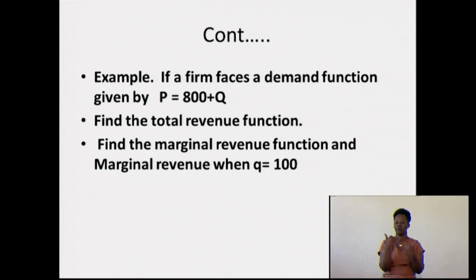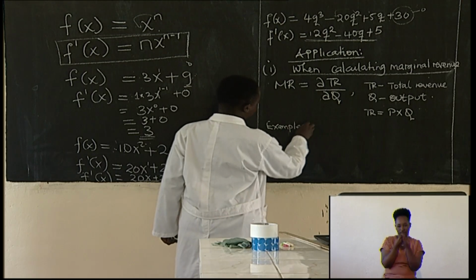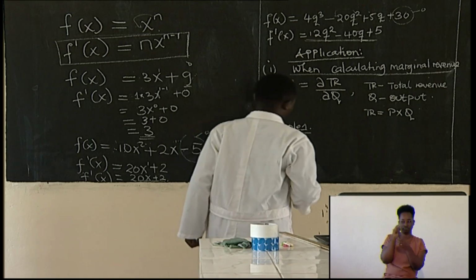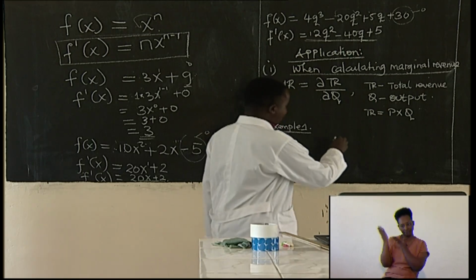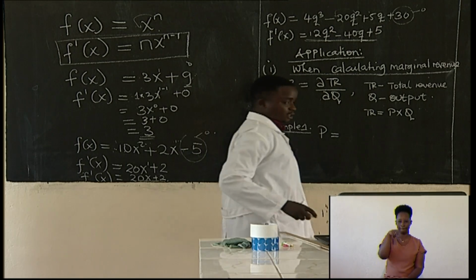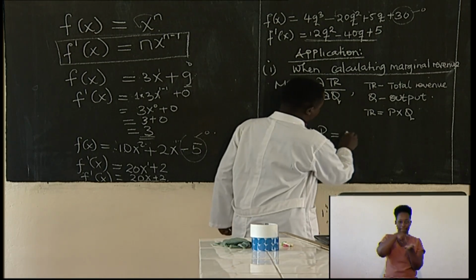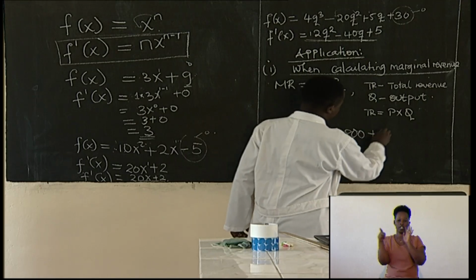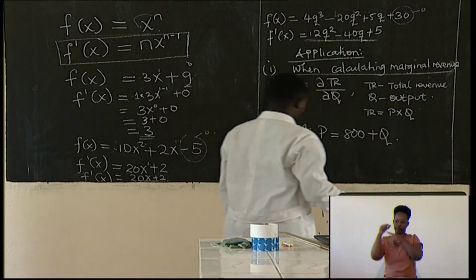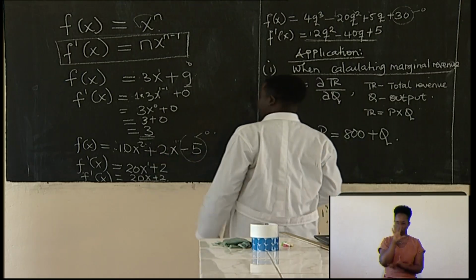Let us try to work out our example one. We have the demand function, which they have given us as P, which stands for price, equal to 800 plus this output Q.